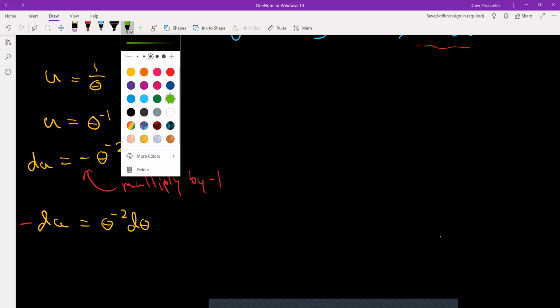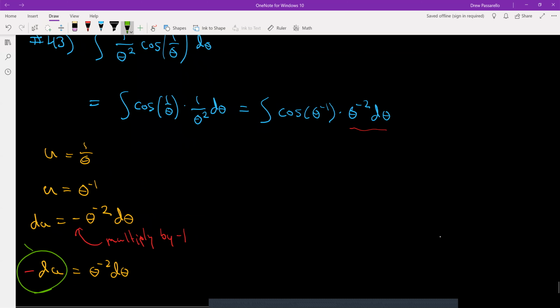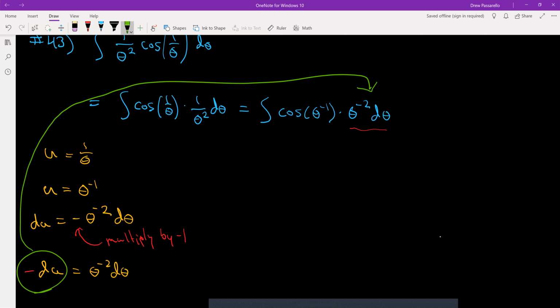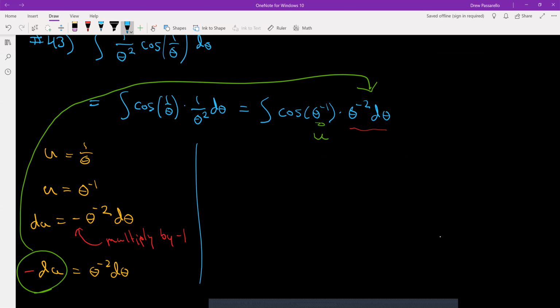So the whole thing that's negative du, that's what I'm plugging into the integral, substituting in for this, and then this is just u. So I'll have the integral of cosine of u, and then instead of theta to the negative 2 d theta, that's negative du. I'll factor out the negative in front of the integral, so it'll be negative, and then cosine of u du.